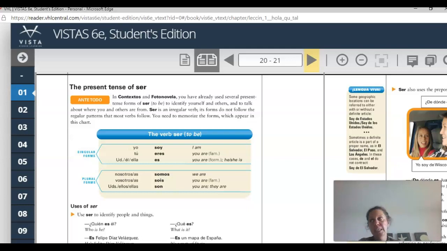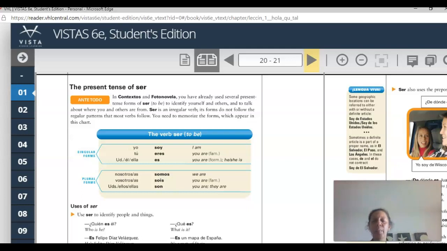Now, in your case, if you are from the United States, you're going to say, yo soy de Estados Unidos. Yo soy estadounidense. I know it's challenging. Estadounidense, but you can do it, okay?